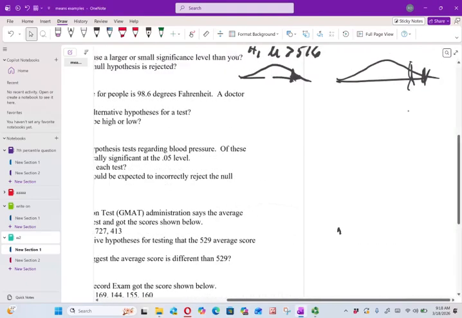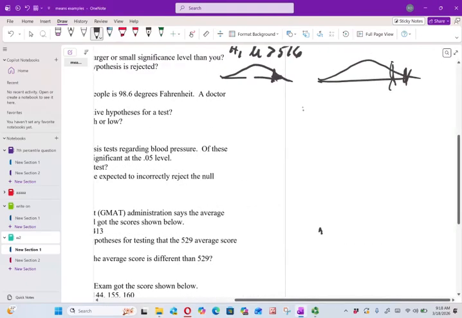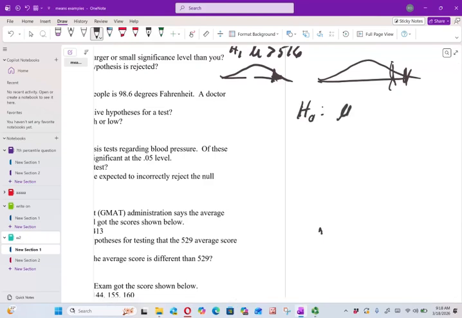For this one, the null hypothesis is that it is 98.6 versus the alternative that it's not 98.6.